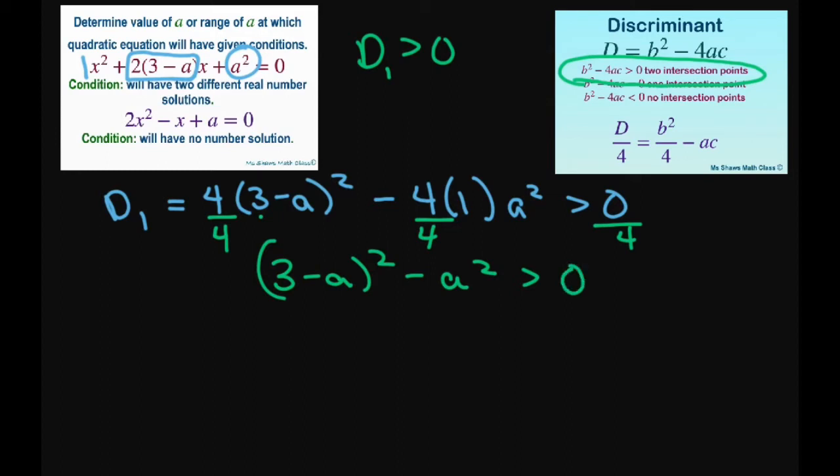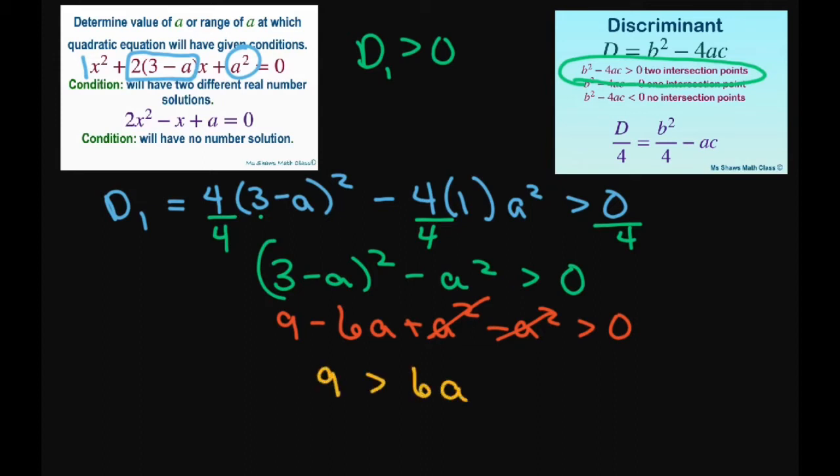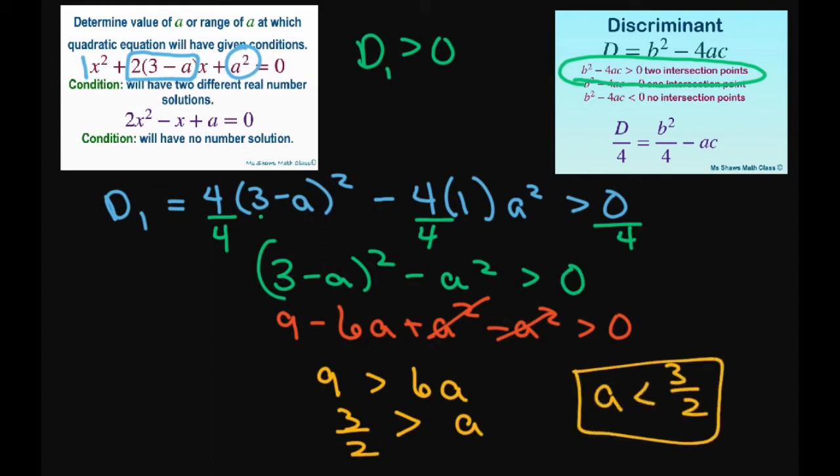This is going to leave us with 9 minus 6a plus a squared minus a squared is greater than 0. That cancels out. So here we have 9 is greater than 6a, or a is less than 3 halves. I'll write it this way: a is less than 3 divided by 2. Okay, so that's this one.